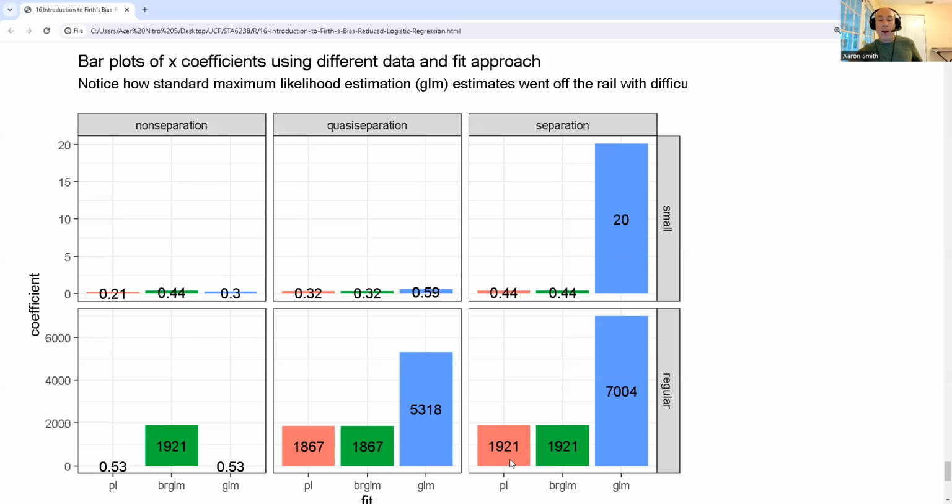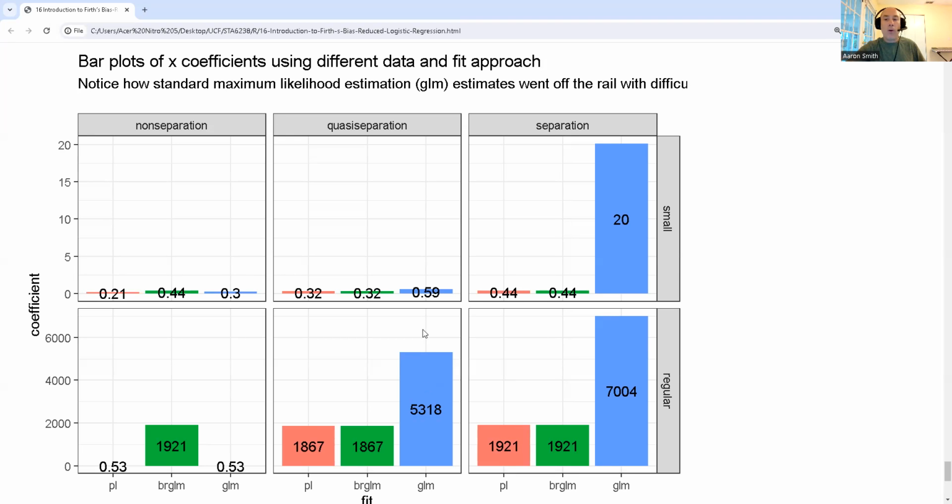We both have over 1900. Still pretty big. If I saw that, I would be suspicious of it. These algorithms did much better with the separation of the small data. Here I definitely consider that trustworthy. This is too big. Even though this would lead me to think that it's statistically significant, I wouldn't trust these numbers.